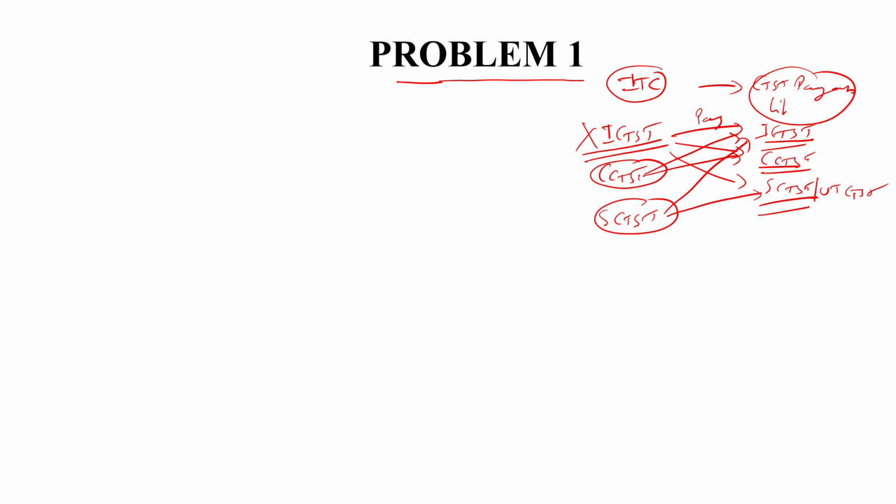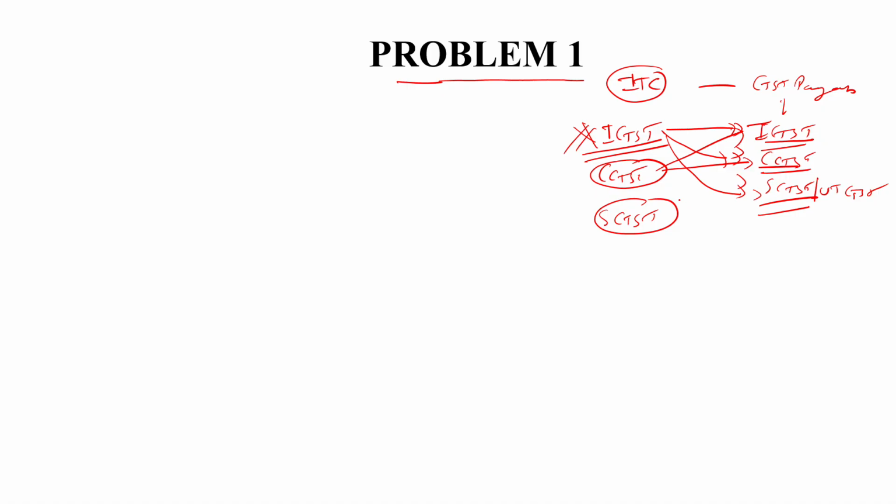I will just revise this quickly. If IGST input is there, that will be used to pay IGST liability first. Then if anything is remaining, CGST, and if anything is still remaining, SGST. If IGST is over, then we can use CGST to pay CGST first and then IGST second.